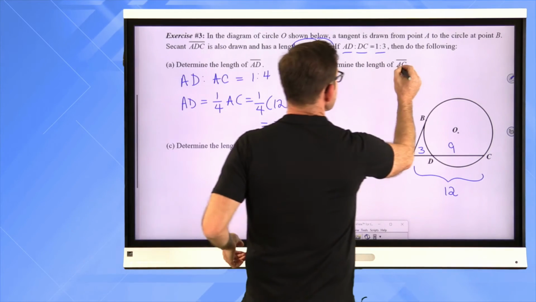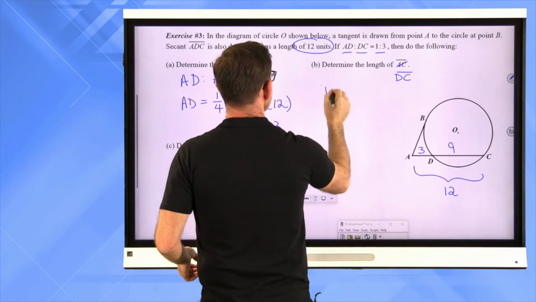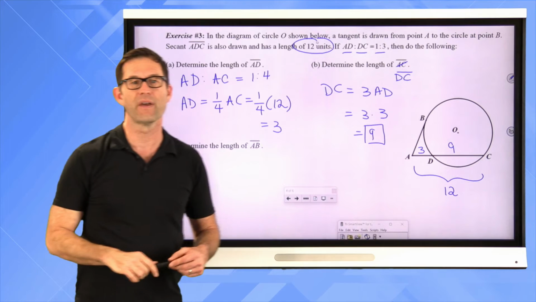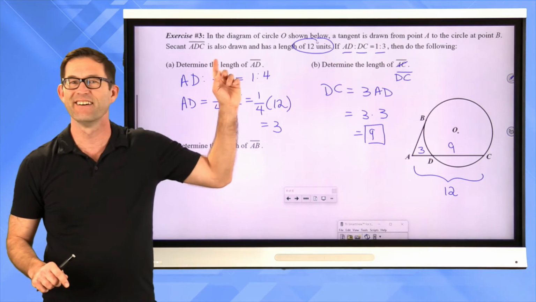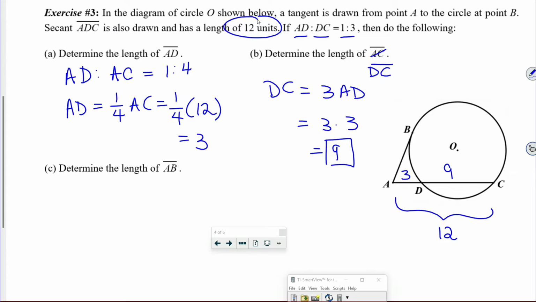So the length of DC, not AC, DC is just going to be 3 times AD, which is equal to 3 times 3, which is equal to 9. I'm like, wait a second, we already know the length of AC. That seems a little bit redundant. There we go.